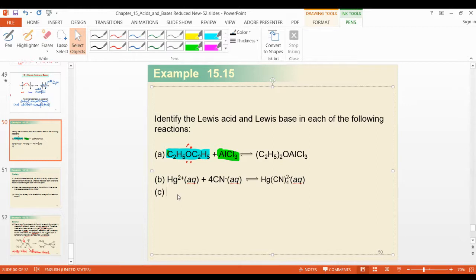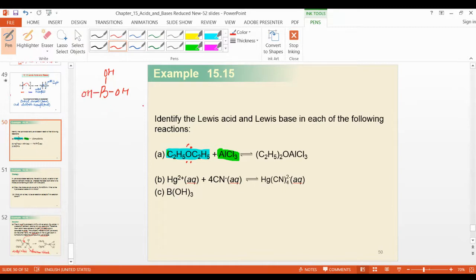BOH3. This is boron and OH3. So this is electron deficient. This boron OH3 we can write like this: boron, OH, OH, OH. This is boron, it's electron deficient.